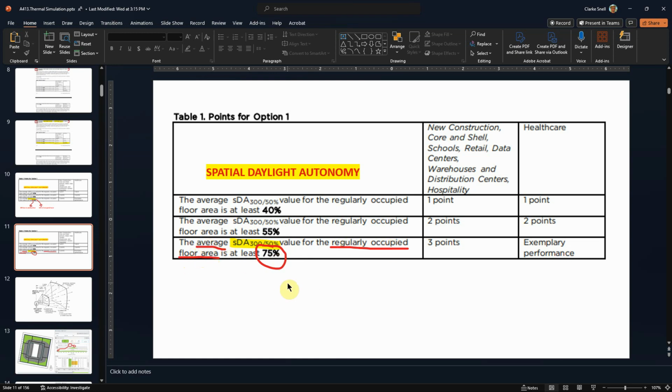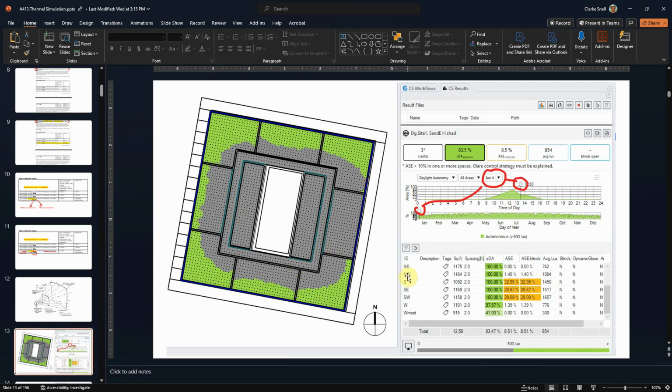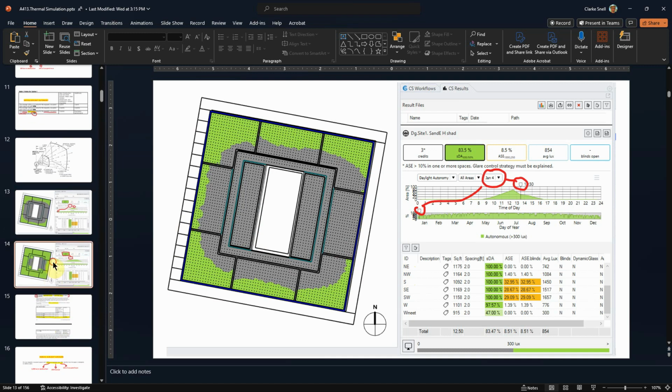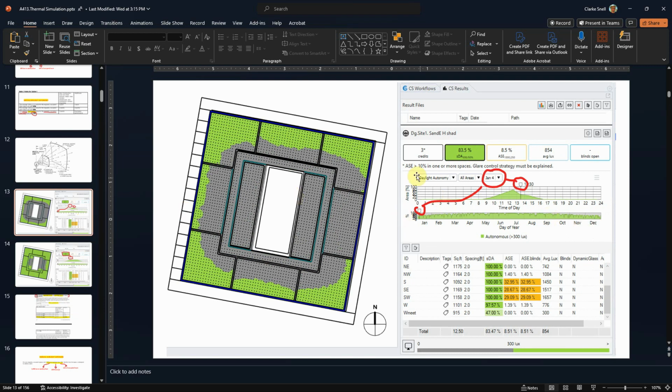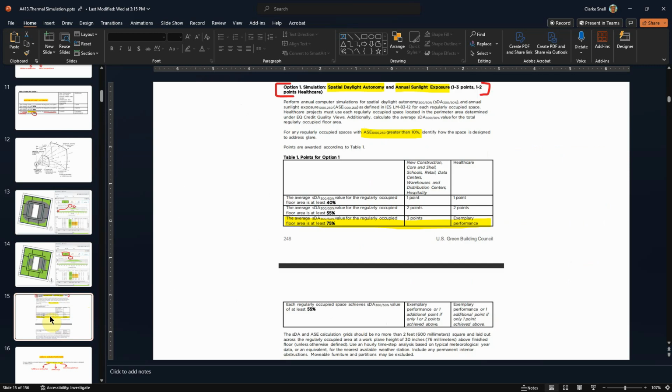That's spatial daylight autonomy, and that's the green color in our LEED analyses. This is the actual number we're looking for. We want that to be 75%. You can set it for an annual, or you can do individual days, but this number doesn't change, if you're looking at the outputs in Climate Studio. So that's saying, do we have enough light?